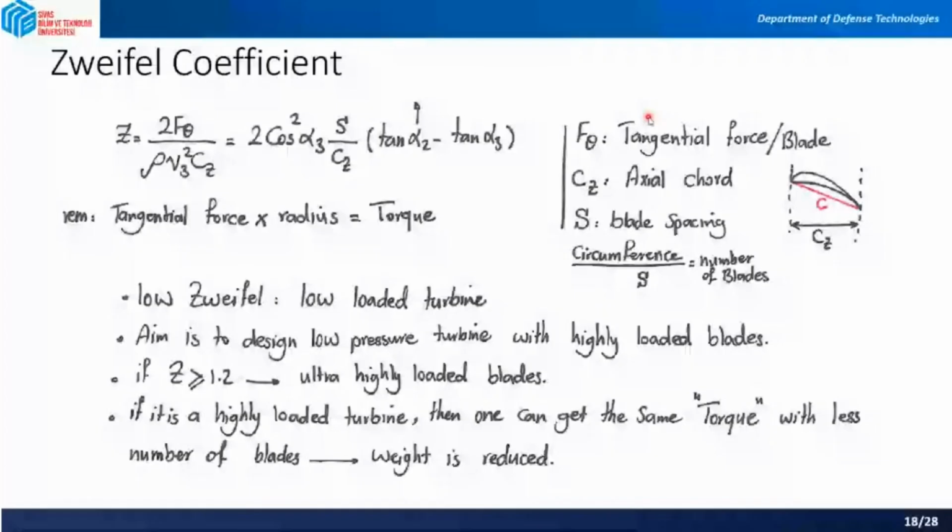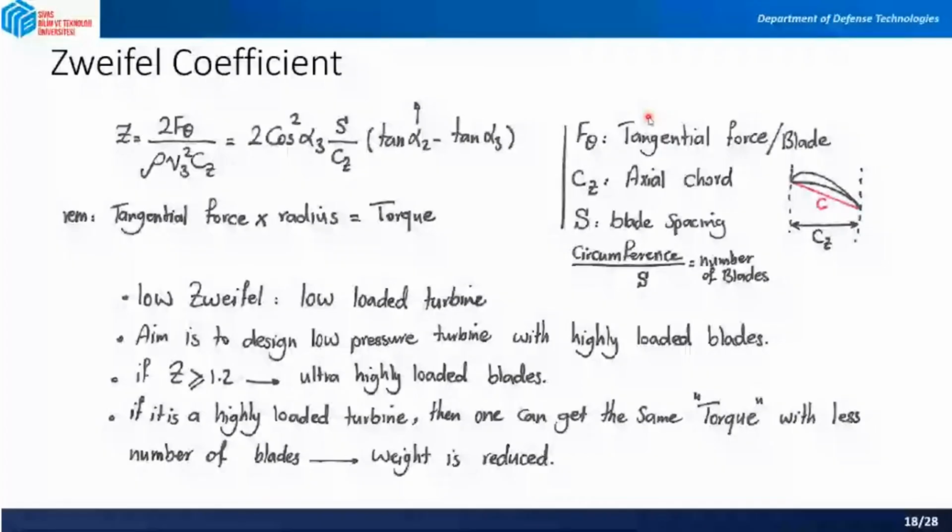So this data is actually obtained at the radius equal to 40 centimeters. The VA2 over VA3 is 1. So it says that your axial velocity is not changing at the entrance and exit of the rotor.